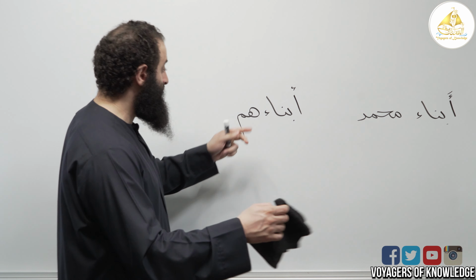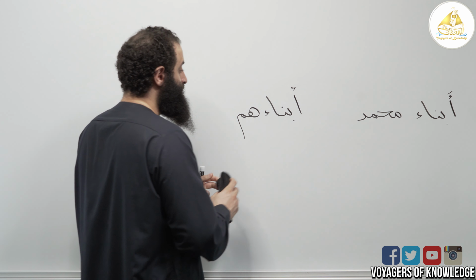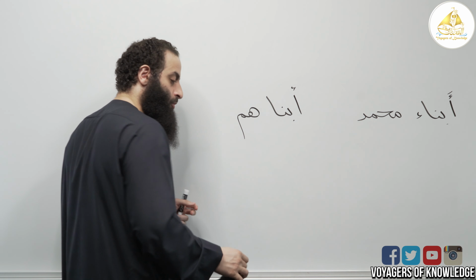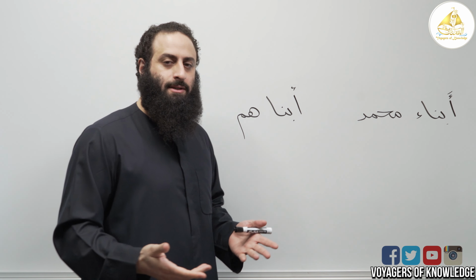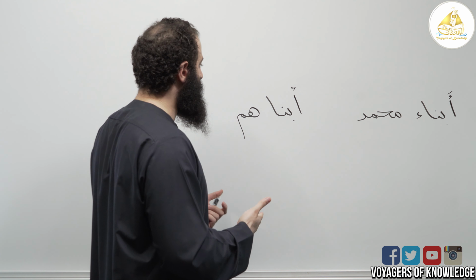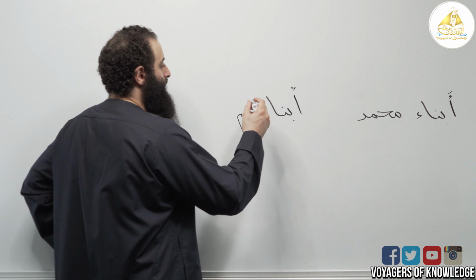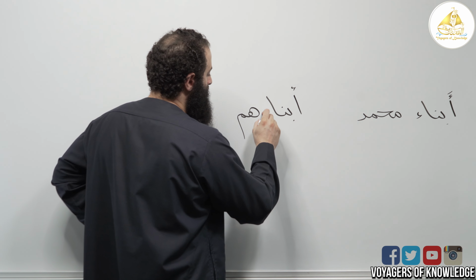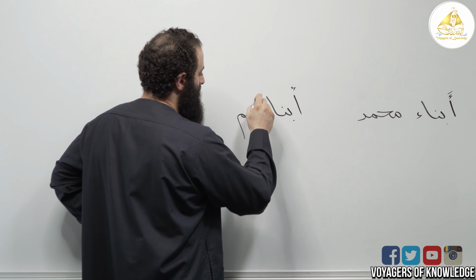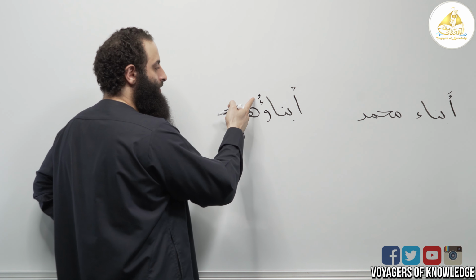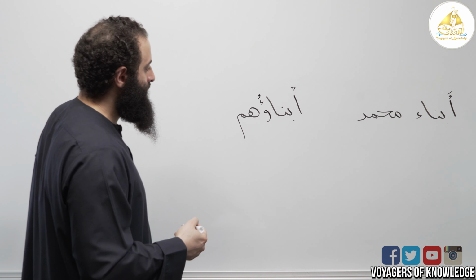And that is, for the one that ends at the end of the word, you are going to place it on the haraka that the hamza makes. So for example, this says abna'uhum. So it has a dhamma there, right?